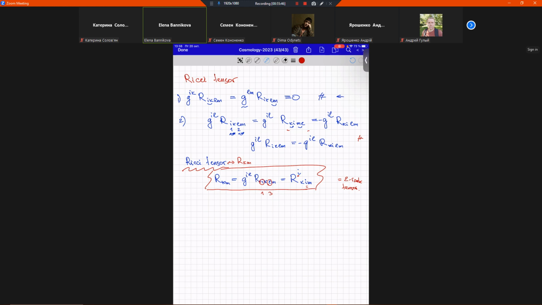You will understand why: it is a tensor of the fourth rank, but we need exactly a tensor of the second rank. Because on the other side, when we put in matter, the object which describes this matter is exactly a tensor of the second rank, the energy-momentum tensor. So this is why we need to have this object.